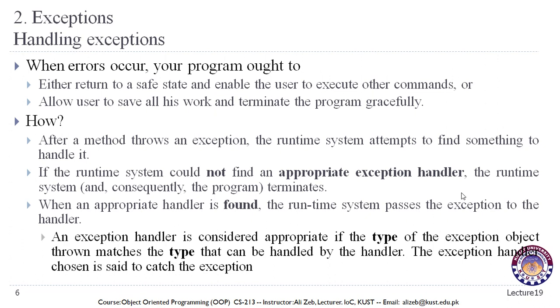We have their own handlers or objects for the particular kinds of exceptions, the kinds we saw in our previous slide. Each exception will have its own type of object to handle it. The exception handler chosen is said to catch the exception. We catch our exceptions through those exception handlers and guide the program towards a safe state.